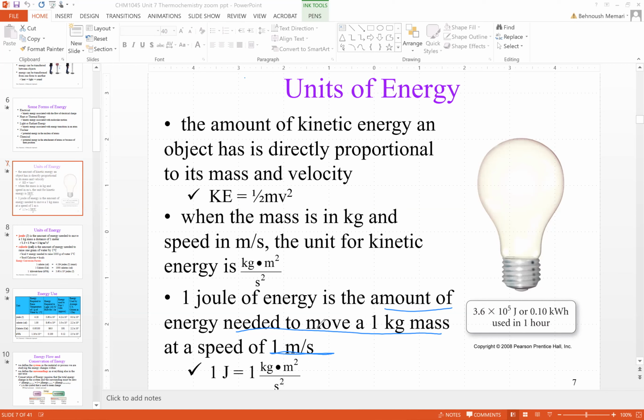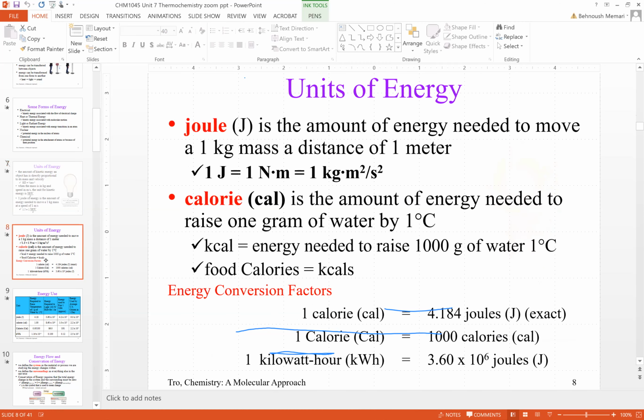Other units for energy could be the calorie. So we have joules, the amount of energy needed to move a 1 kilogram mass a distance of 1 meter in 1 second. And then the calorie is the amount of energy needed to increase the temperature of 1 gram of water by 1 degree Celsius.